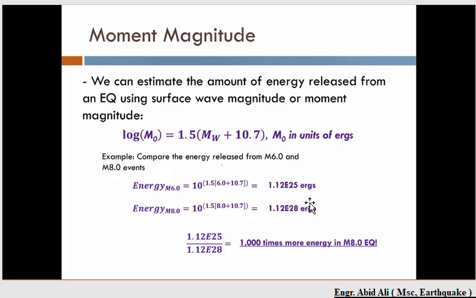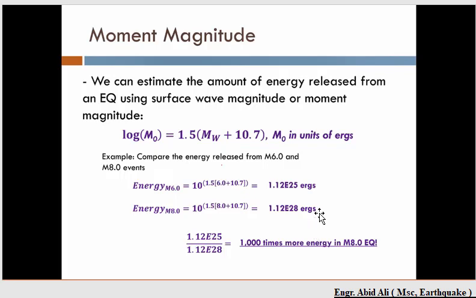So the difference between these calculated energies is the difference in energy released from a magnitude 6 to a magnitude 8. If I just divide the two, I get 1000 times more energy in the magnitude 8 event than in the magnitude 6 event, which makes sense, right?